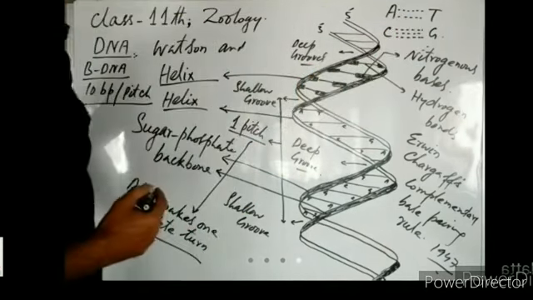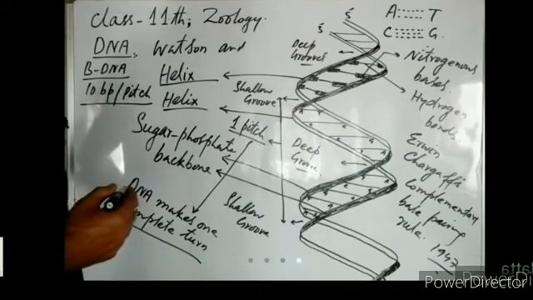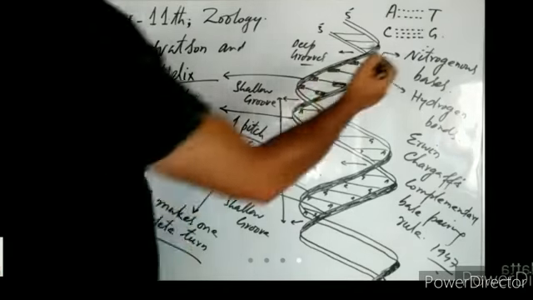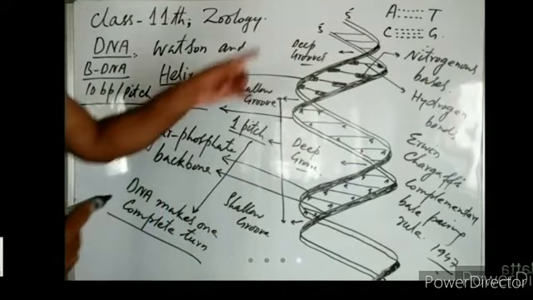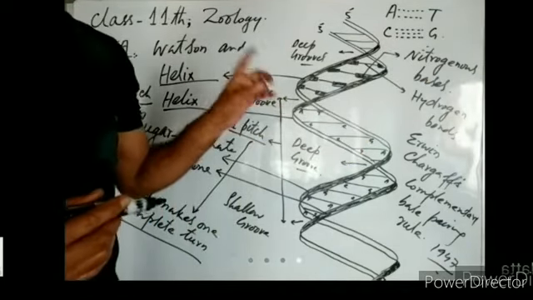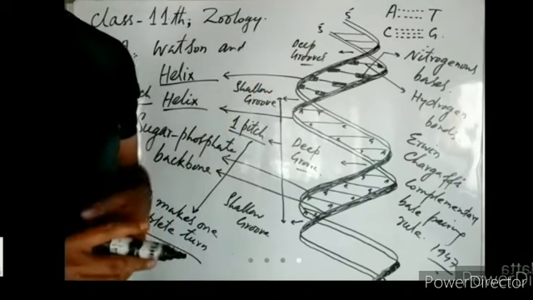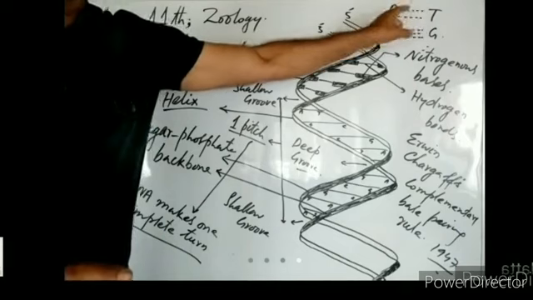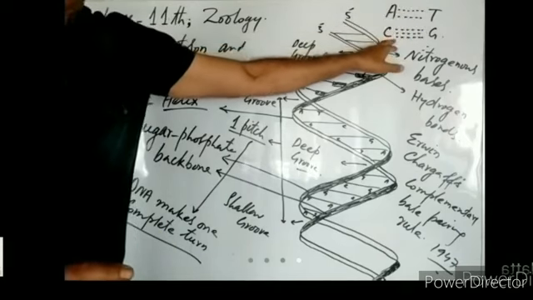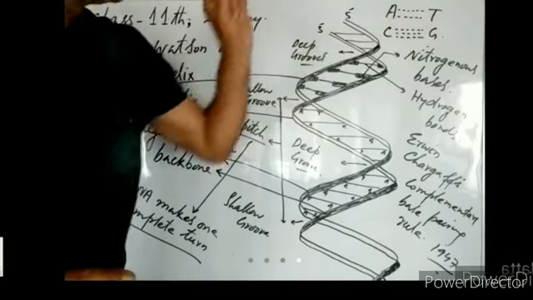Two hydrogen bonds are formed between adenine and thymine, and three hydrogen bonds are formed between cytosine and guanine. It is not a double bond and triple bond. Some persons call them double and triple bonds, but that is incorrect. Between adenine and thymine there are two hydrogen bonds; between cytosine and guanine there are three hydrogen bonds.